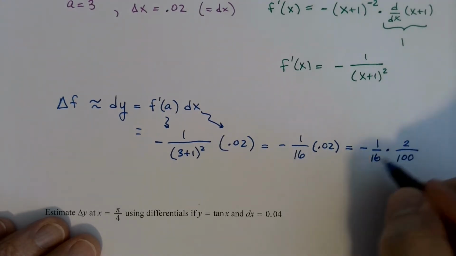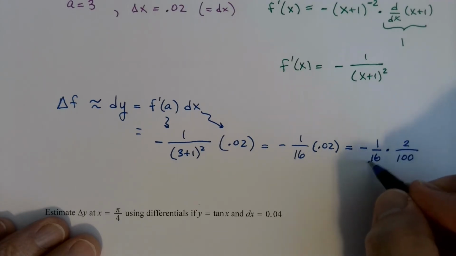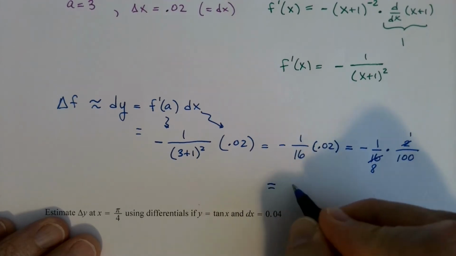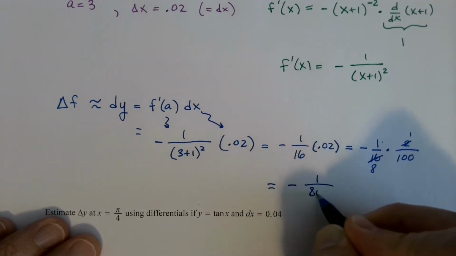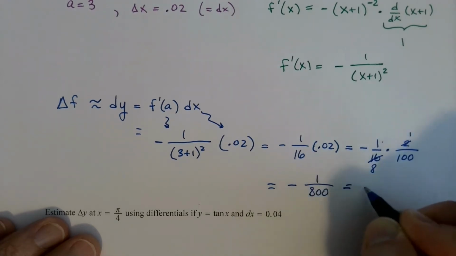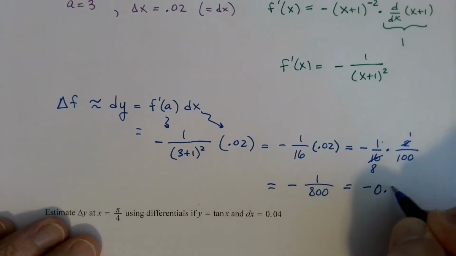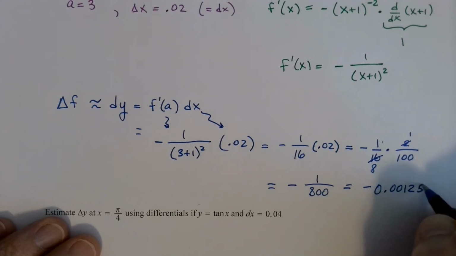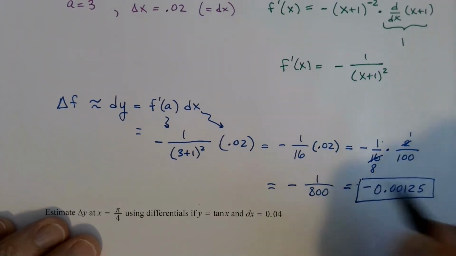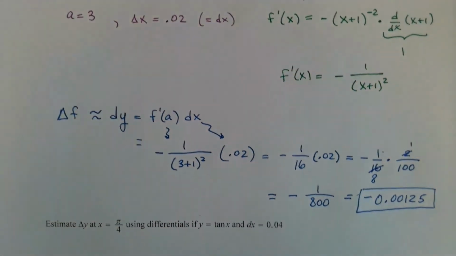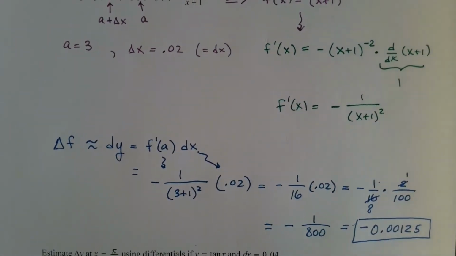I can do a little simplifying here, and I get negative 1 over 800, which is negative 0.00125. So there's my estimate for the change in f using linear approximation.